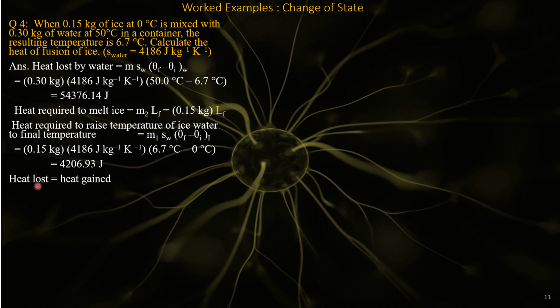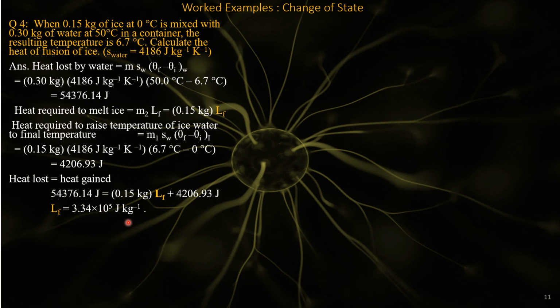Therefore, equating heat lost equal to heat gained, the heat lost by water, 54,376.14 joules, is equal to 0.15 kg into LF plus the heat required to raise the temperature of ice water, 4206.93 joules. Finding LF from the above equation, we get LF is equal to 3.34 into 10 to the power of 5 joules per kg.